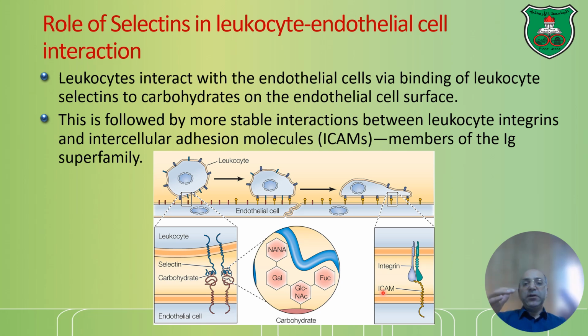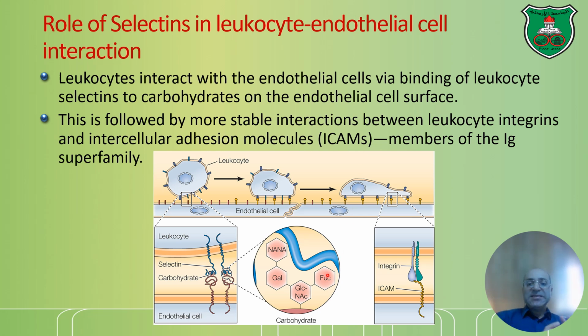So initially, the leukocytes are swimming fast, and then interaction happens between the selectins and the carbohydrates on the surface of endothelial cells. So these leukocytes slow down. When they slow down, you have another interaction that takes place between the integrins on the surface of leukocytes and ICAMs on the surface of endothelial cells.